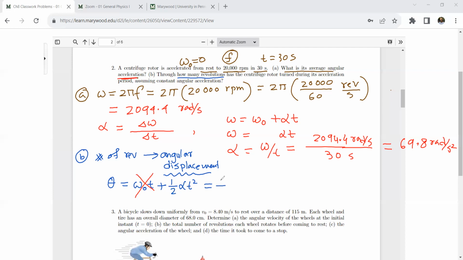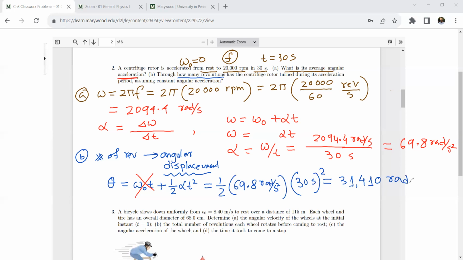We have half, alpha equal to 69.8 rad per second square, and t is 30 seconds, squared. The total theta I got is 31,410 radian.